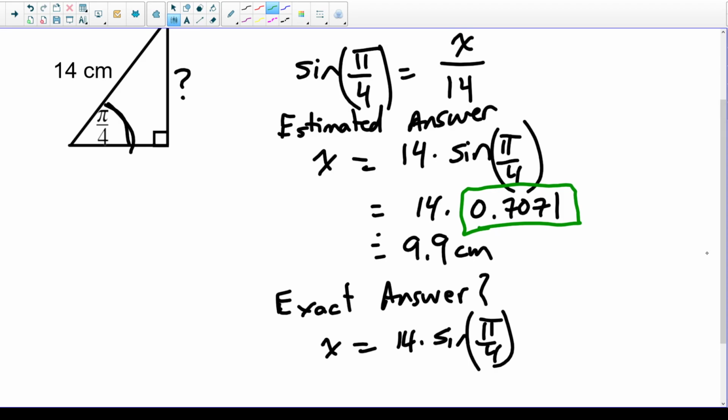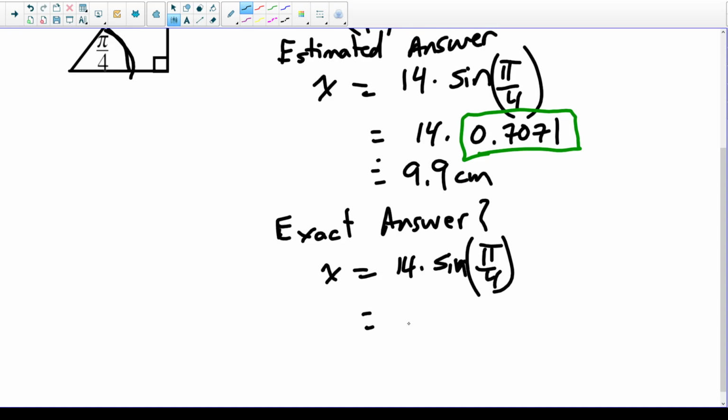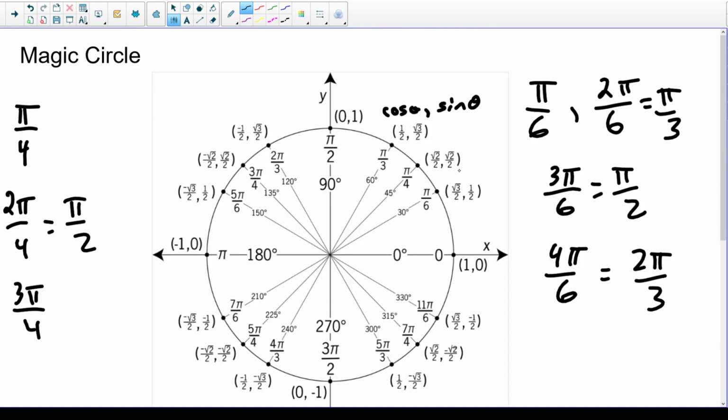What is sine and cos of 45 degrees, or pi over 4, on our magic circle? What fraction is that? Let's go to the magic circle and look. Aren't they both root 2 over 2? Sine and cos, or cos and sine. Exactly, chat.